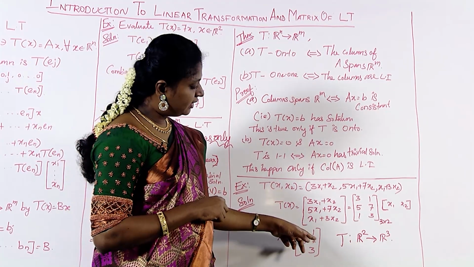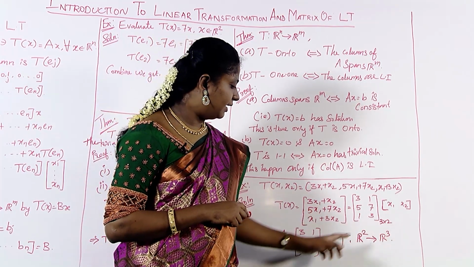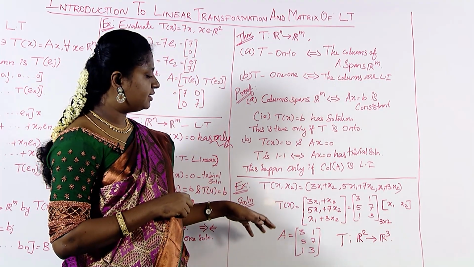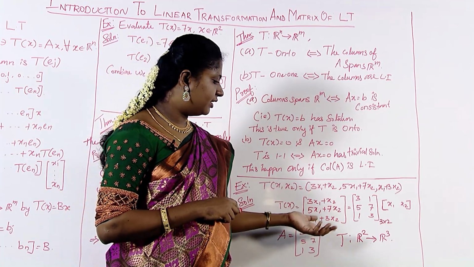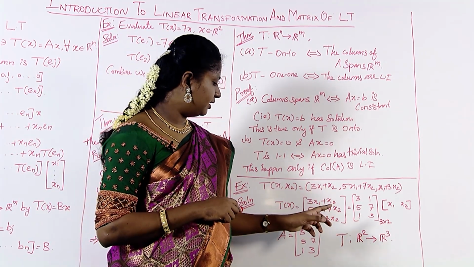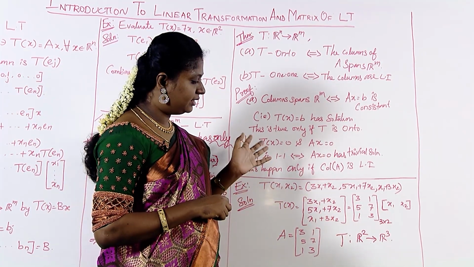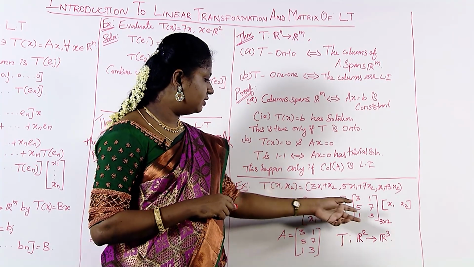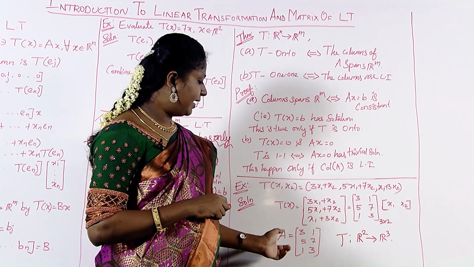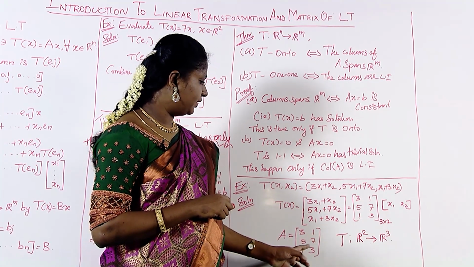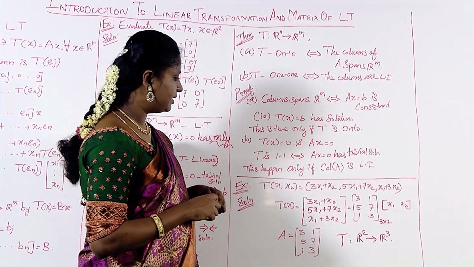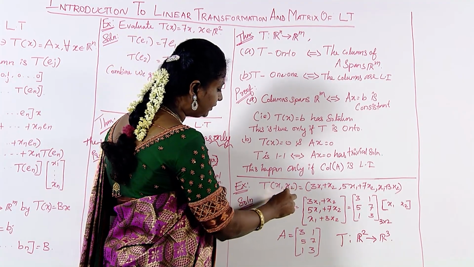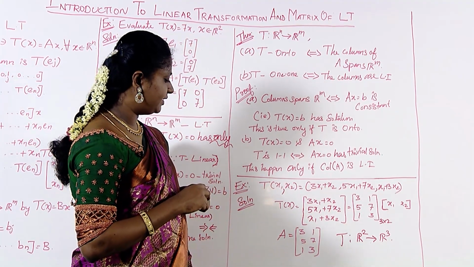You can see here this is a 3 by 2 matrix. Therefore, our transformation is defined from R square to R cube. We started with 2 and it takes images to R power 3. So, corresponding to this linear transformation, the matrix A is [3 1; 5 7; 1 3].